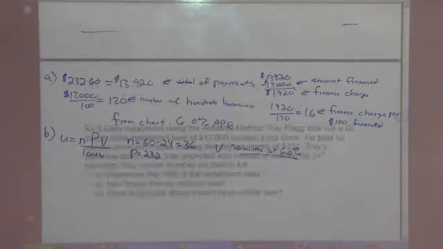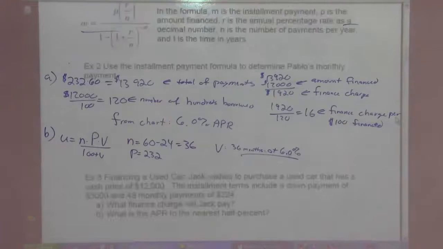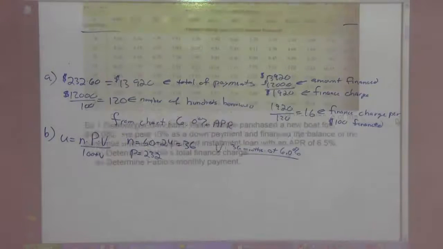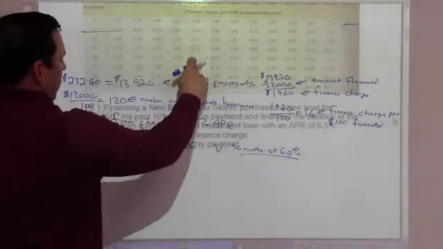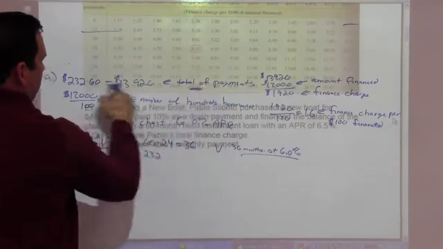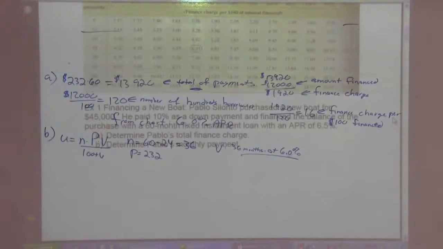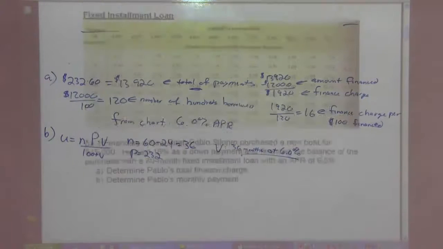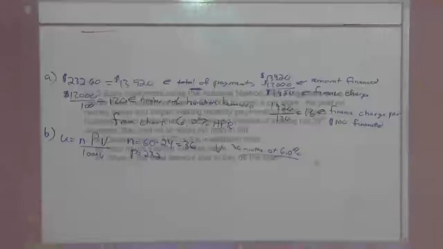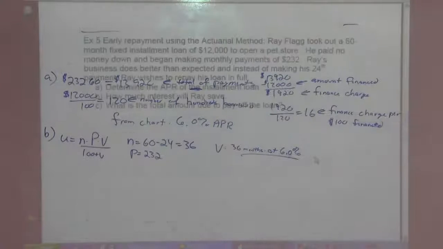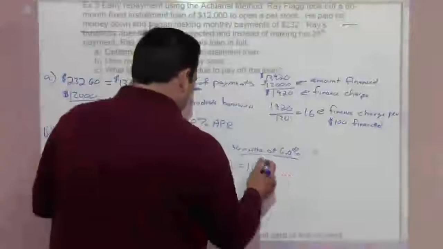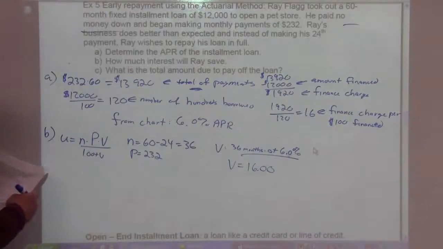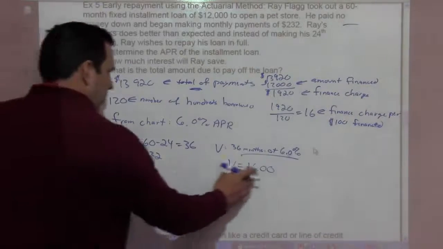Now we're going to look, so that's a different V. I will look this up on the chart. Okay, we're looking at 6%, and it looks like 16 for 60 months, but I had that wrong.